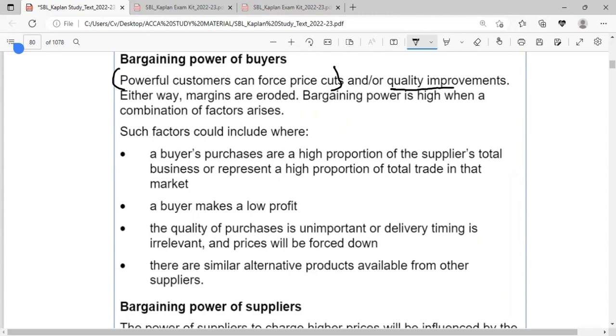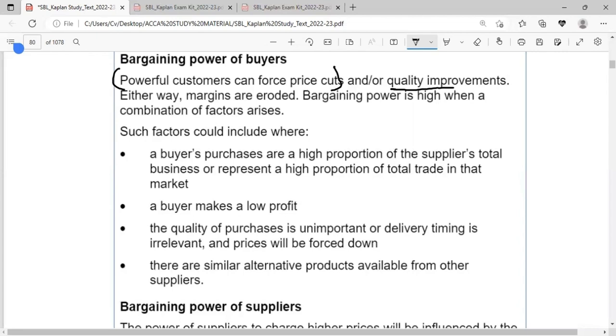On the other hand, suppose you have 10 million sales revenue. Out of 10 million sales revenue, 3 million or 4 million is purchased by only one buyer. It means that particular buyer is having 30% or 40% of your sales. If you lose that particular buyer, you are going to lose your profitability, or maybe you will be in loss.